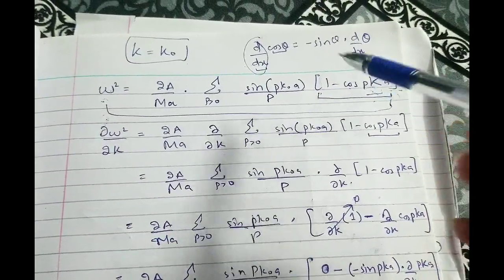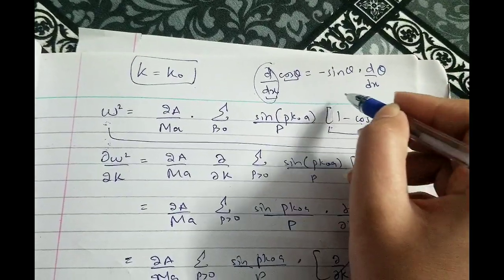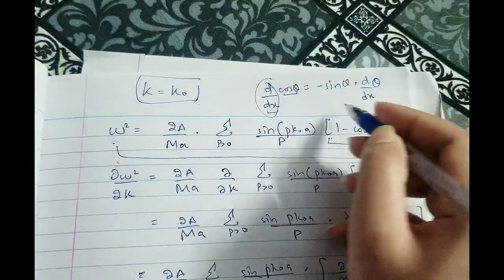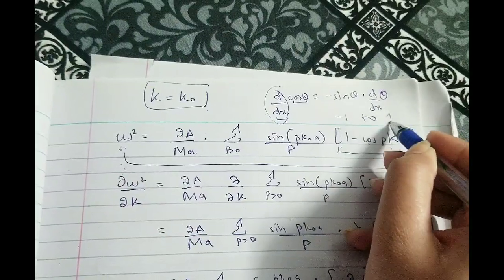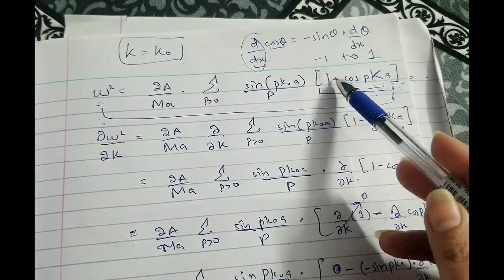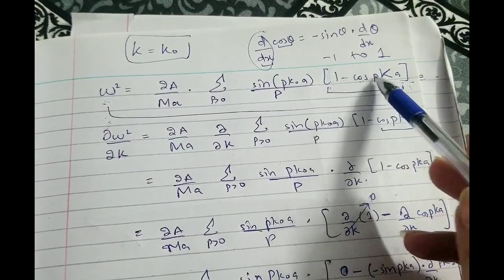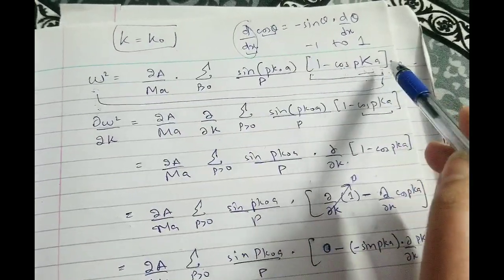If we see the range of the cos function, we have the range -1 to +1. So if cos pka is equal to 1, then we'll get 1 minus 1, which is 0, and the whole expression will become 0.